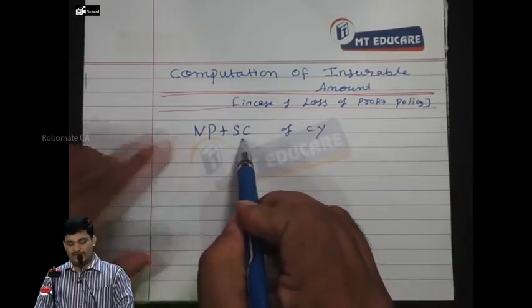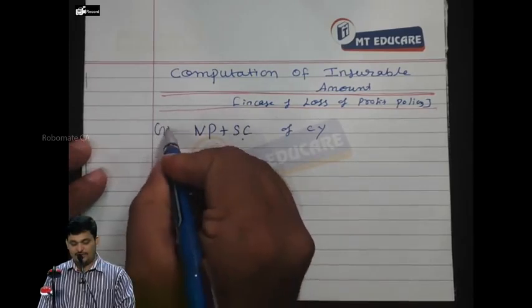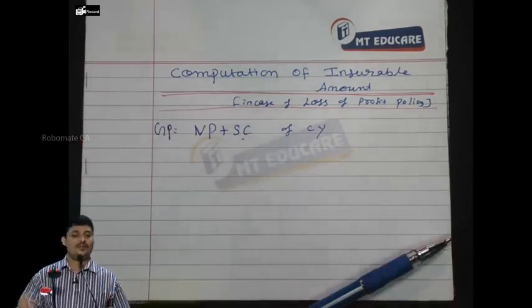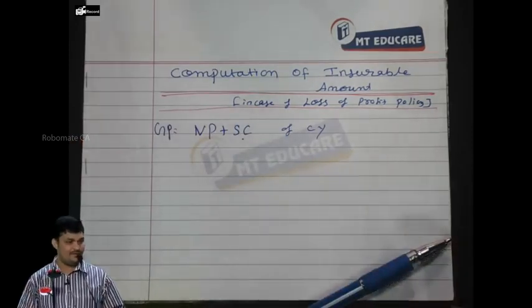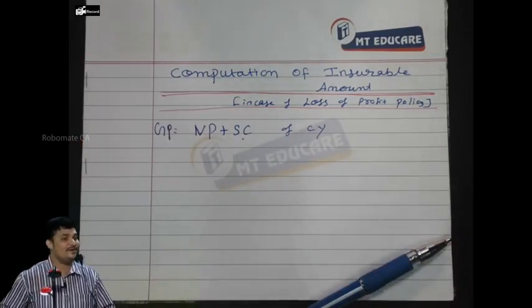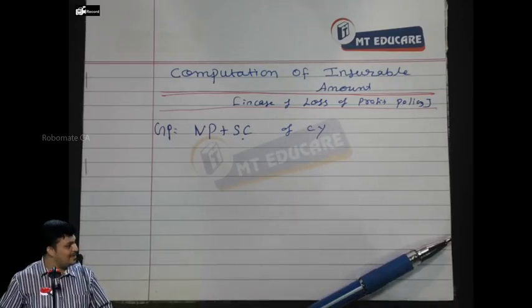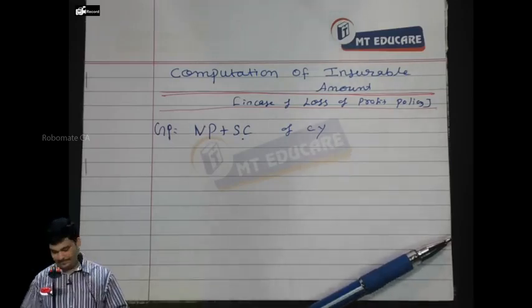And this we together call it as what? Gross profit. This need not be the correct gross profit which you arrive in a trading account, because you may also have variable cost which we don't insure. We insure only fixed cost. Correct? Respond. Okay.